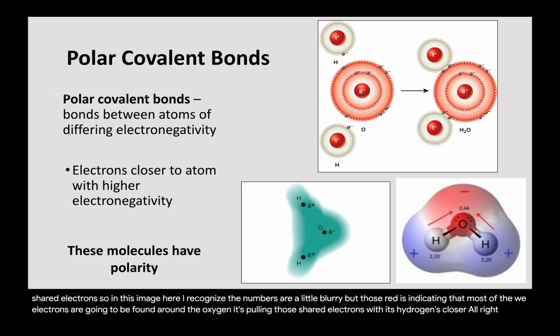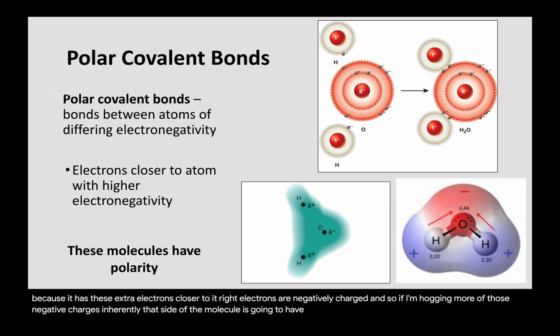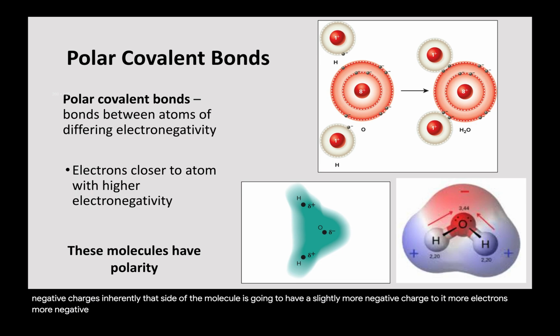Electrons are negatively charged, so if I'm hogging more of those negative charges, inherently that side of the molecule is going to have a slightly more negative charge. More electrons, more negative charge, which is what is indicated in this picture here.